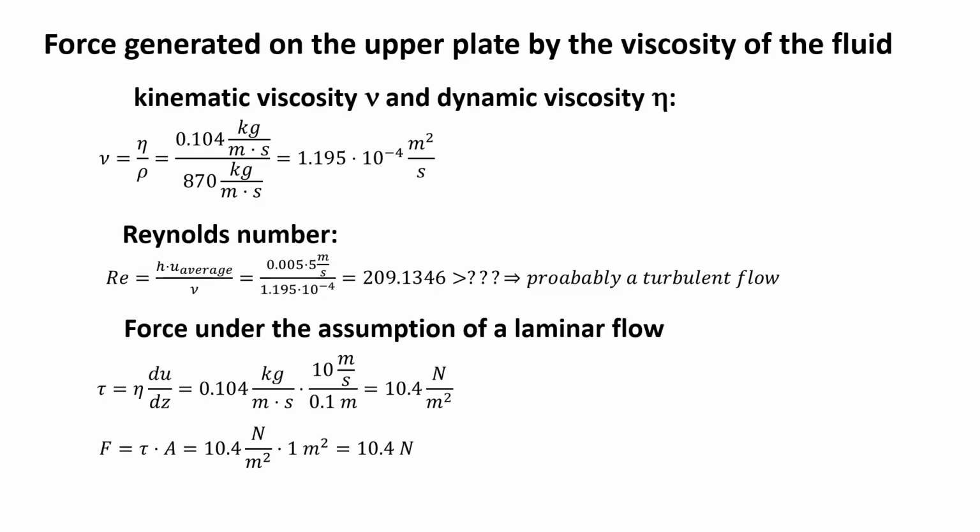We will get a shear force of 10.4 Newton per square meter. And since the area of the plate is also 1 square meter, we get a force of 10.4 Newton. And now let's take a look at what the simulation gets as a result.